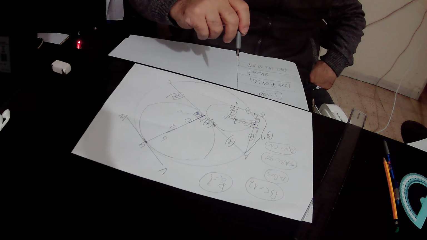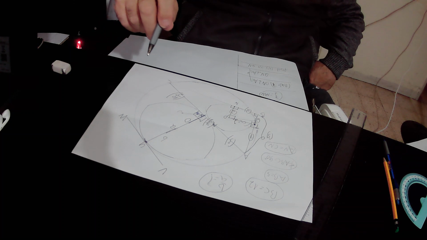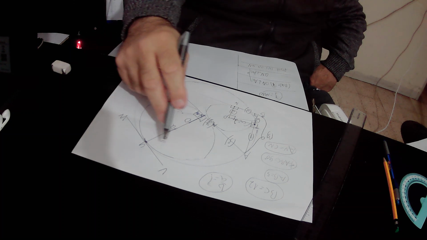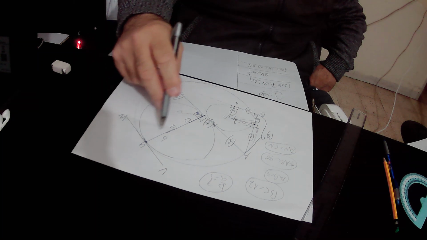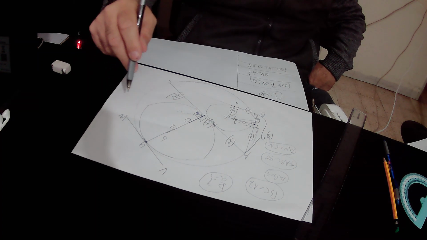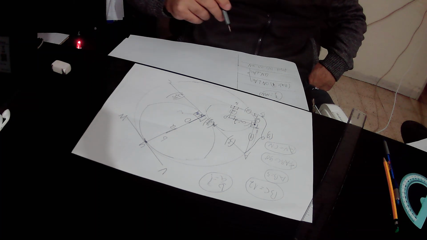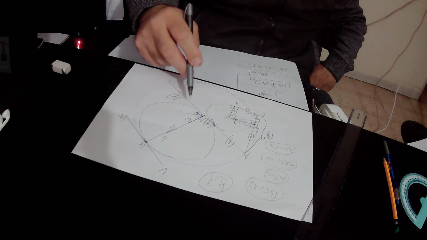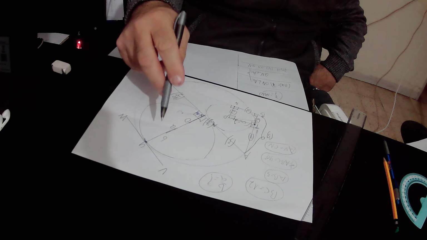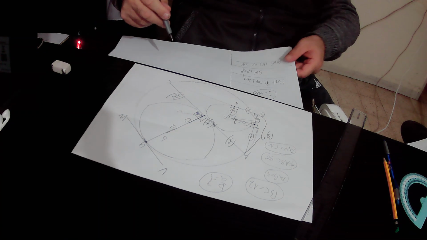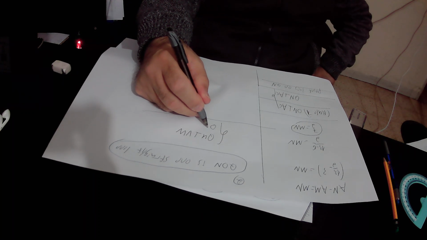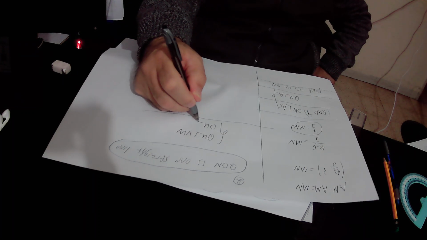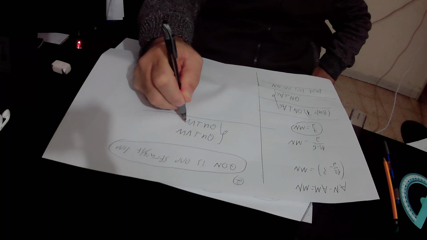And whenever you have a radius drawn to the point of tangency, then tangent VW will be perpendicular to the radius UO. Again, VW is perpendicular to UO. So you can write here that the radius OU is also perpendicular to tangent VW.